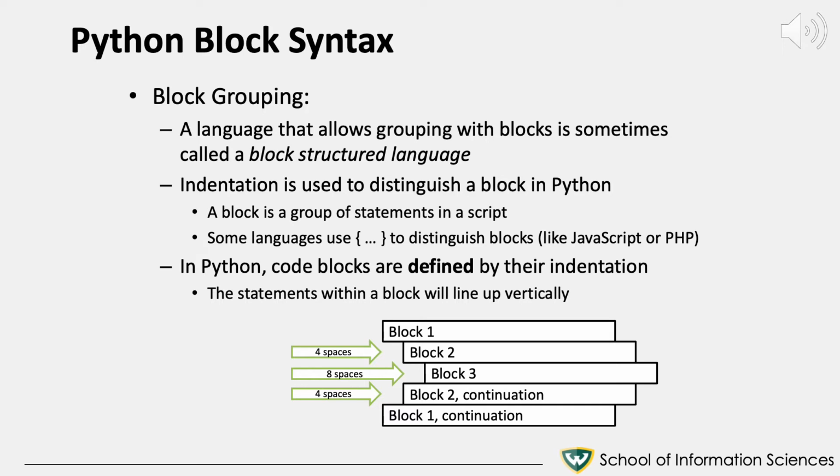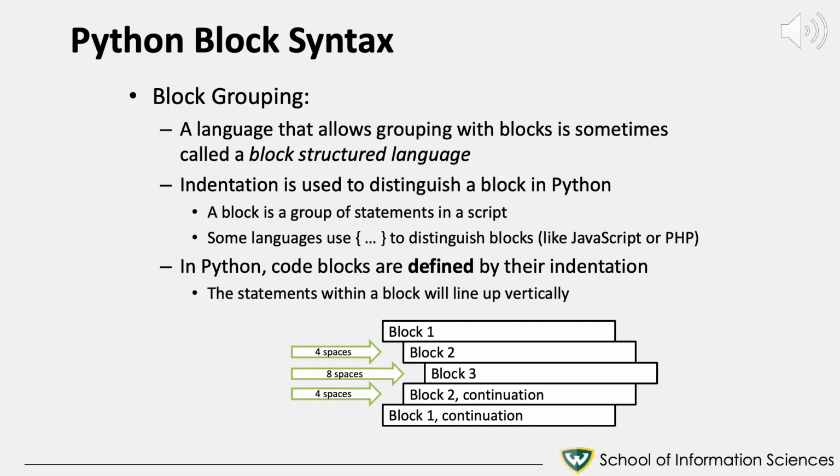Just know that Python is unique in that it uses indentation to distinguish blocks of code, where other languages might use other characters, such as curly braces. When you're looking at Python code, the statements within a block will line up vertically. So you see the example at the bottom of the screen.